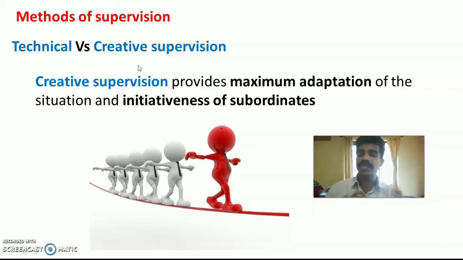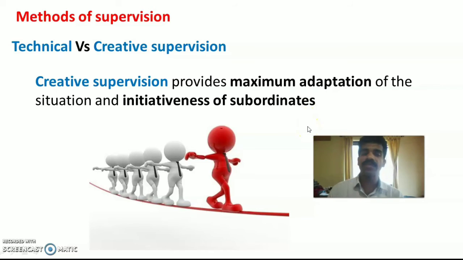The next method is creative supervision. The creative supervision method is just the opposite of the technical supervision method. In creative supervision, the employees or groups are provided maximum opportunity for adaptation to the situation and initiative from the subordinates. So all the initiative from the subordinates is welcomed in creative supervision.